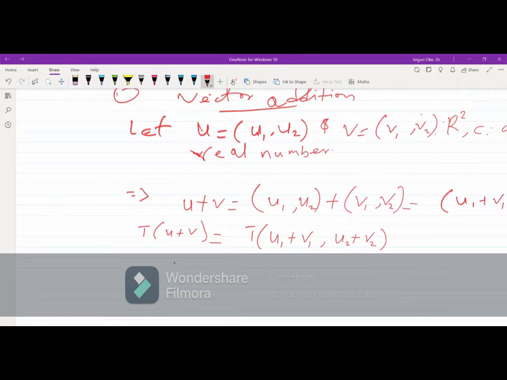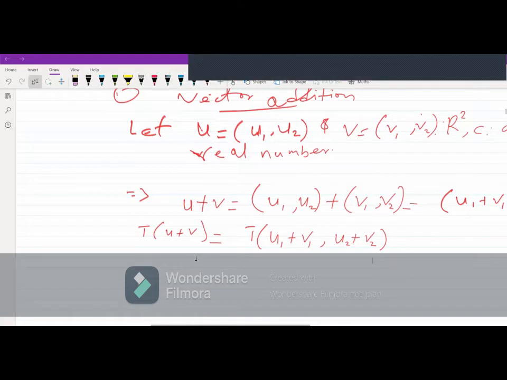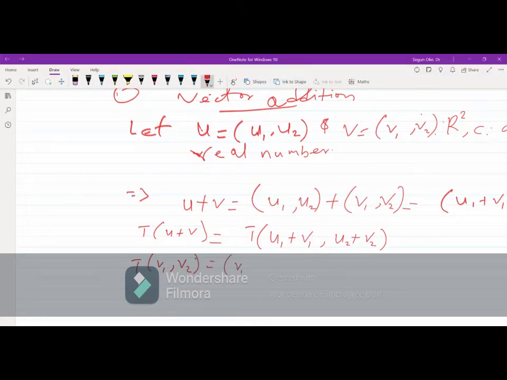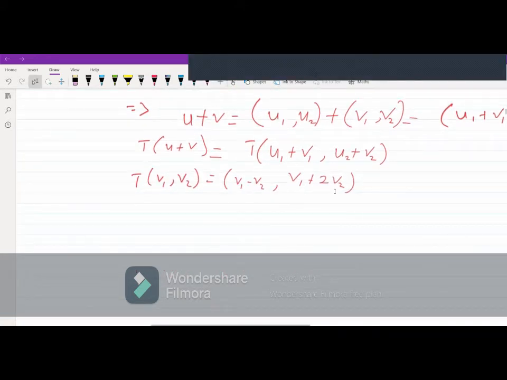Don't forget the question. You need to go back to the question. The question says T of (V1, V2) is the same thing as (V1 minus V2, V1 plus 2V2). So there are places where you will see 2 in the question and in the solution. By the time I'm substituting them back, you will see what I'm trying to explain.